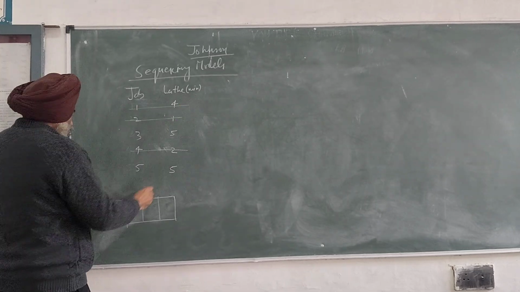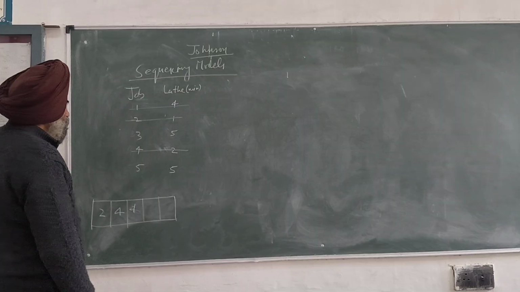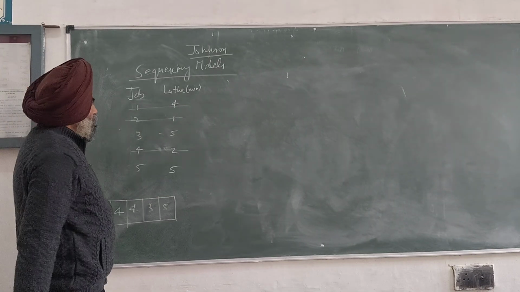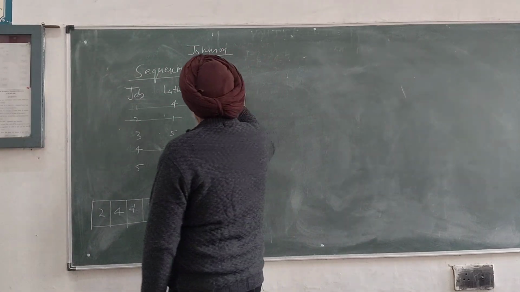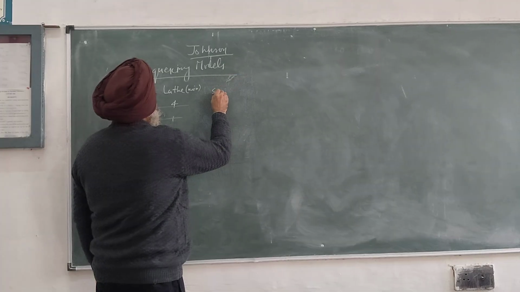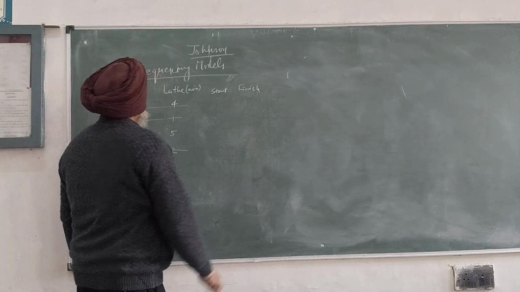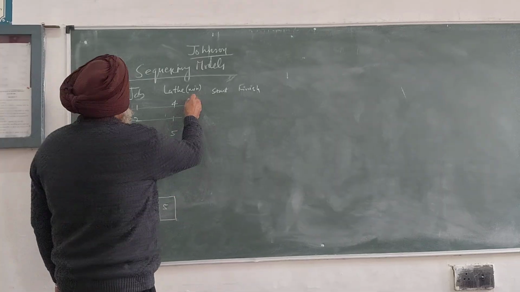Next is 4, the job number is 1. Here it is a tie. You may mention 3 and 5. Now what happens here? The processing will start at time, and here it will be mentioned start and finish. What is the sequence?